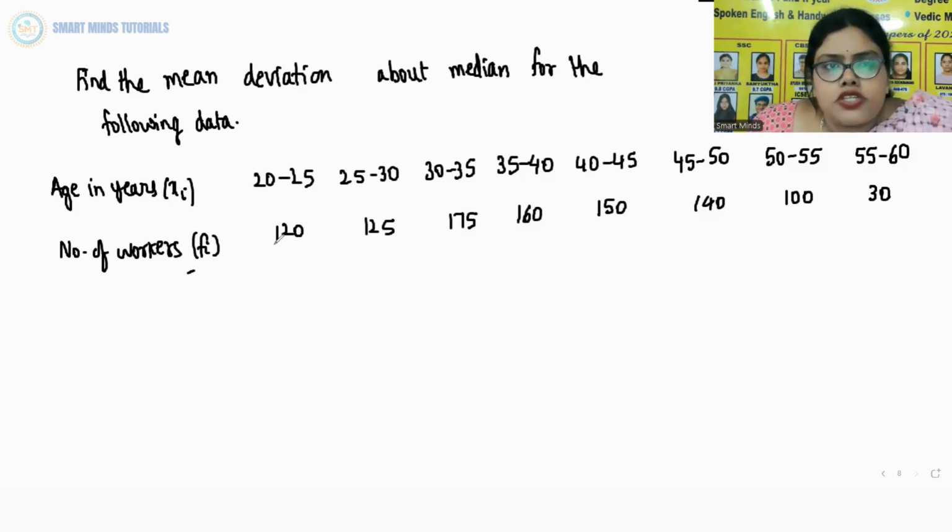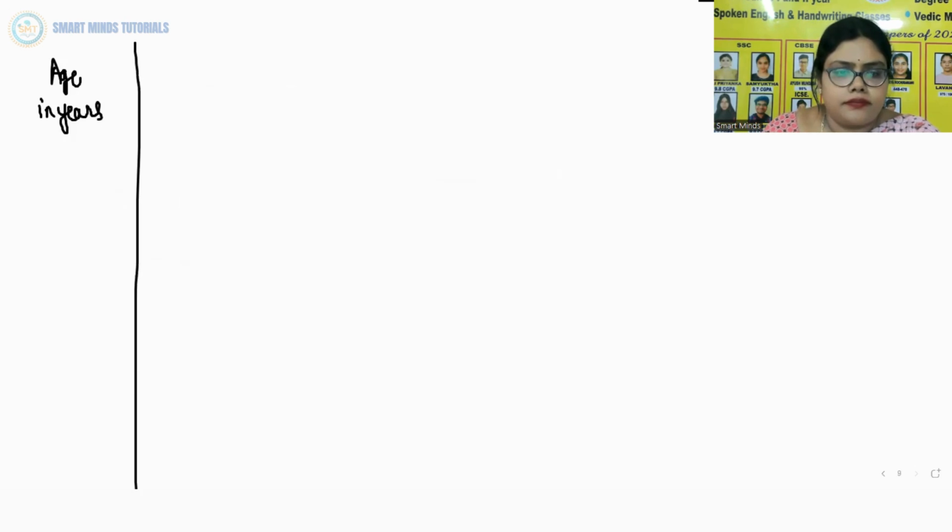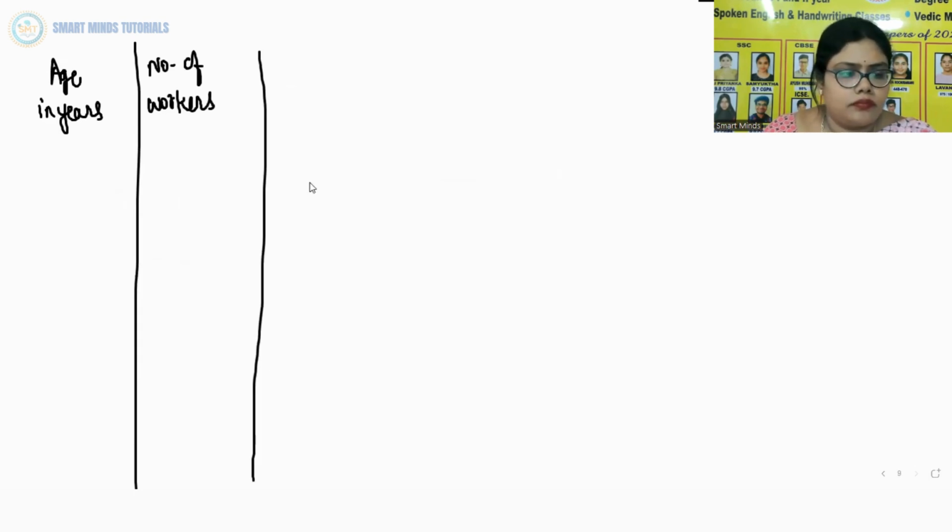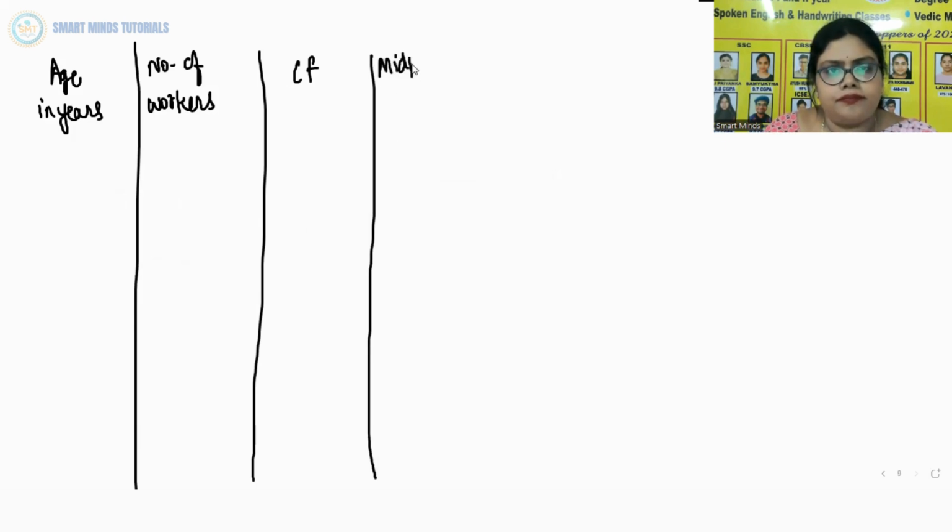Now take the next question. Find the mean deviation about median for the following data. So age in years is given, number of workers is given. Let us form a table now. So age in years, number of workers, CF, midpoints.